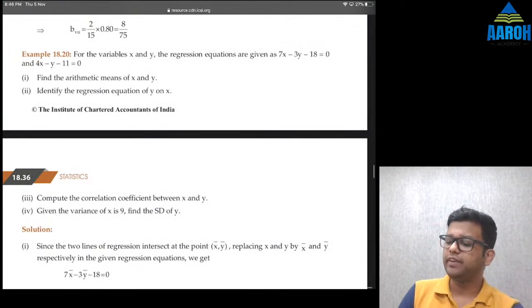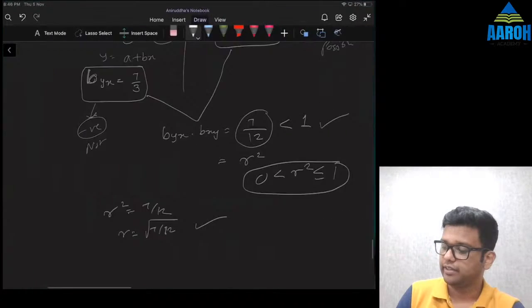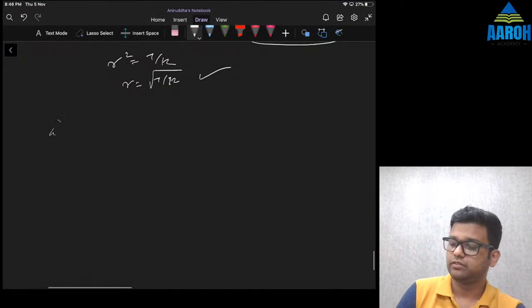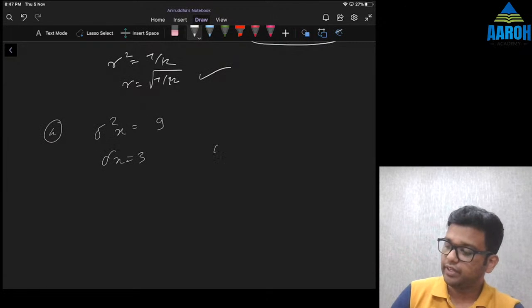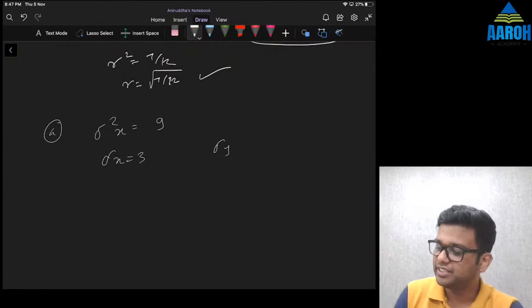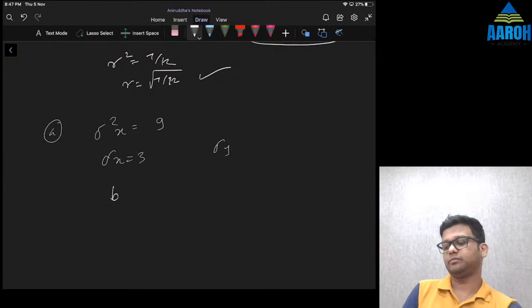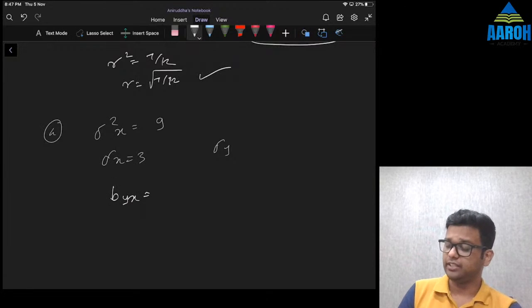And next one is, given variance of x is 9, find SD of y. We know variance of x, that is sigma square x, is 9. That means sigma x is 3. We have to find sigma y. Now this is easy because we know that byx is equal to r sigma y upon sigma x.